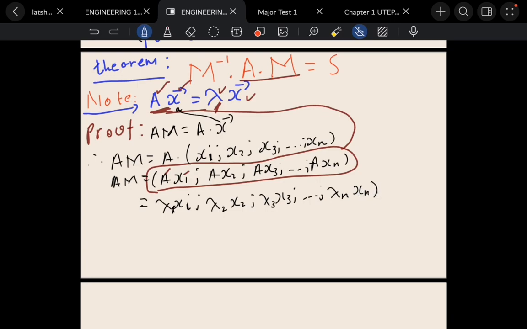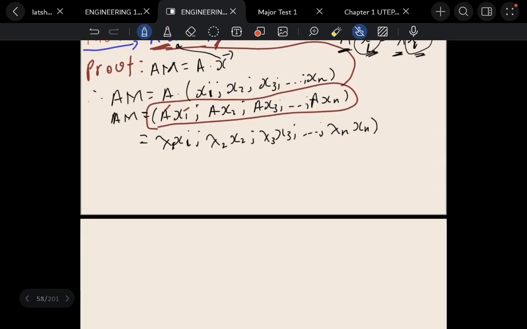That is what you just proved here. You actually know that A times X, which is an eigenvector, is equal to lambda times X. X bar, or X arrow, are eigenvectors, and lambda is just an eigenvalue. So when multiplying a matrix with an eigenvector, I'm going to get a lambda times an eigenvector. These two eigenvectors are actually the same thing, so that's why you see that X1 is the same thing.